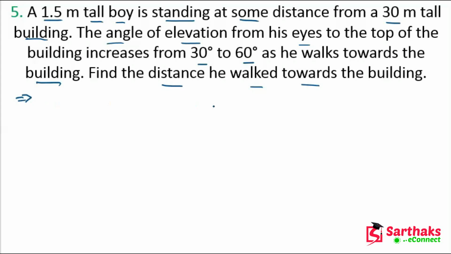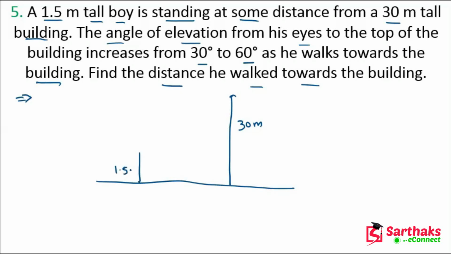So let's suppose we have a building like this. This is the ground and the building is of height 30 meter. Okay, and we have a boy which is 1.5 meter tall. The height of the boy is 1.5 meter.